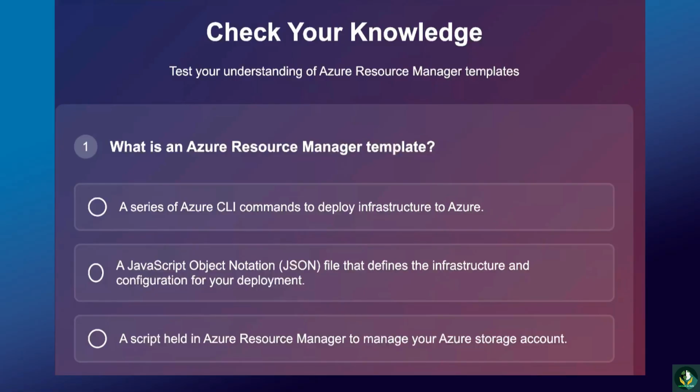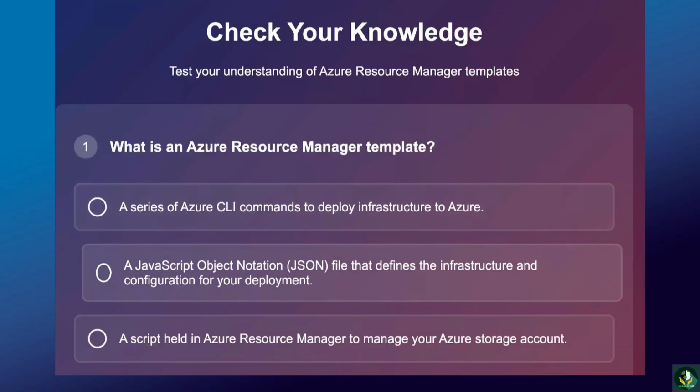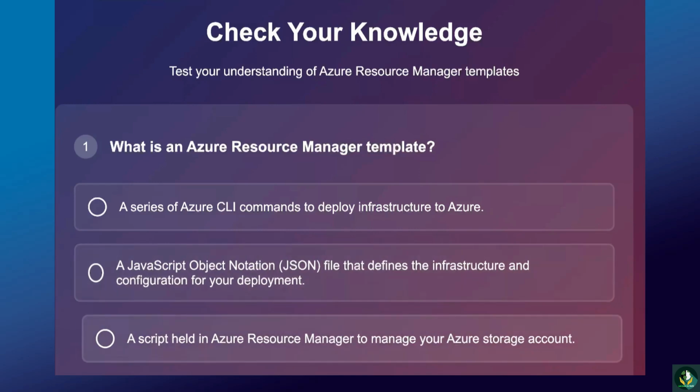So the first question is, what is an Azure Resource Manager template? Is it a series of Azure CLI commands to deploy infrastructure to Azure, a JavaScript Object Notation or JSON file that defines the infrastructure and configuration for your deployment, or a script held in Azure Resource Manager to manage your Azure storage account?